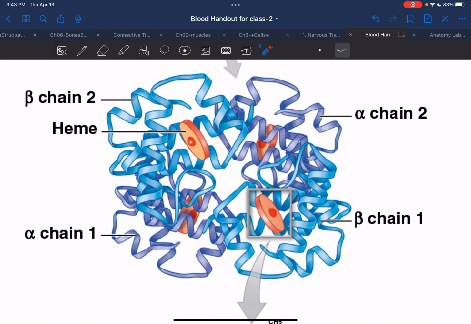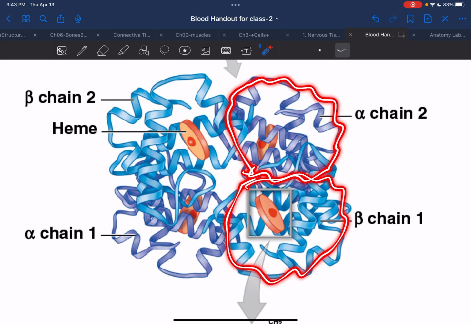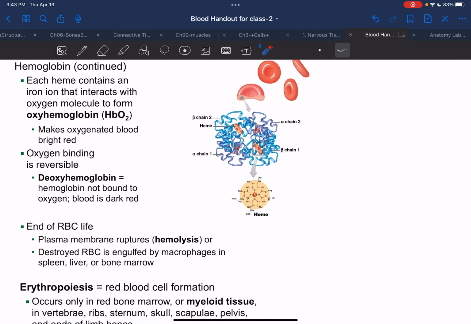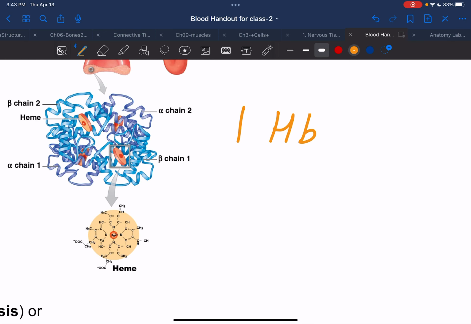And within that protein, there's this little active site, this magic site, right? This is called the heme. Each one of these subunits contains one heme. One hemoglobin molecule has 4 heme groups. We're just going to write 4 hemes.